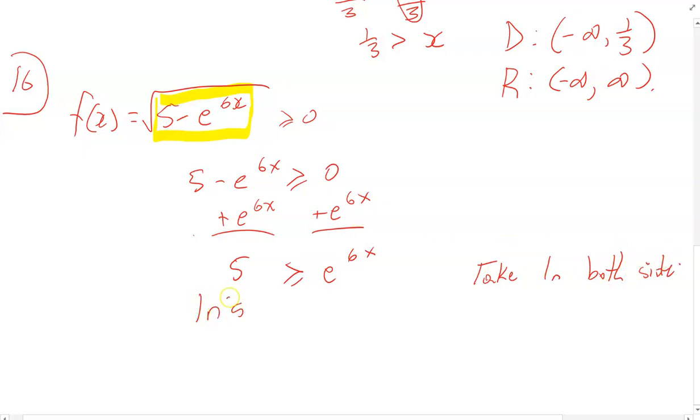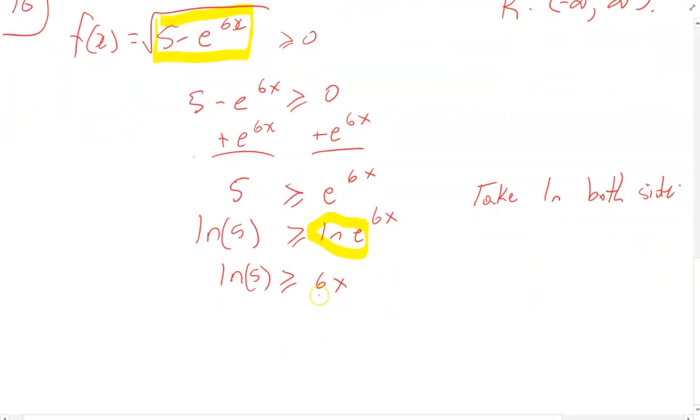So I have ln of 5 greater than or equal to ln of e to the 6x. The inverse functions here, ln and e, would undo each other. So ln of 5 is greater than or equal to 6x. And then divide both sides by 6. So ln of 5 over 6 is greater than or equal to x.